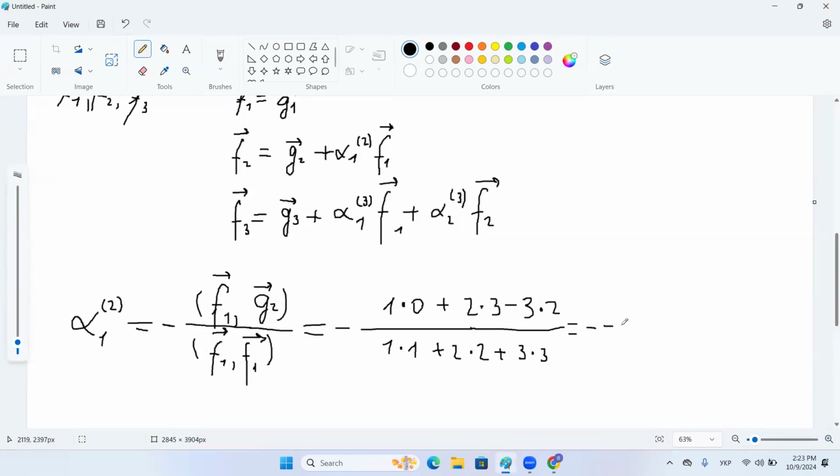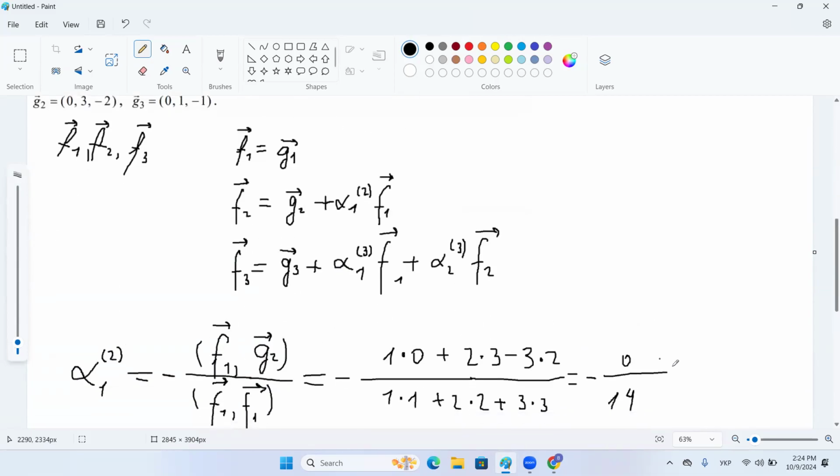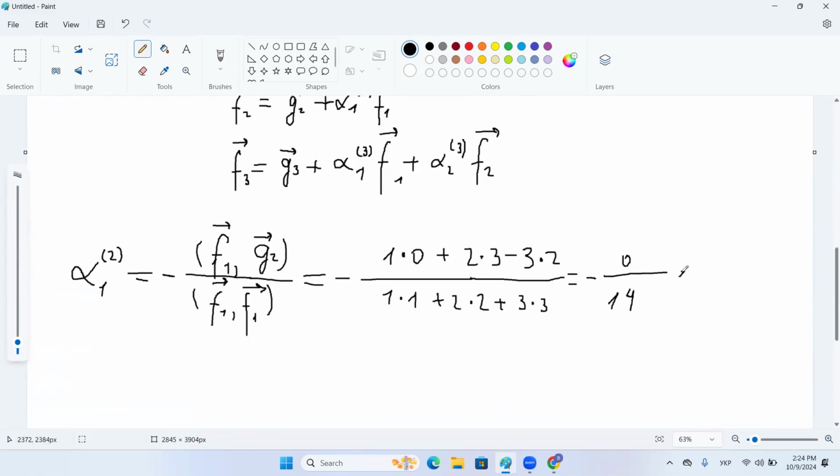And it equals, so 6 minus 6, so 0, divided by 14. So yeah, everything is correct. So it just equals 0.